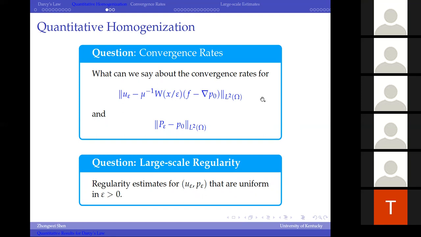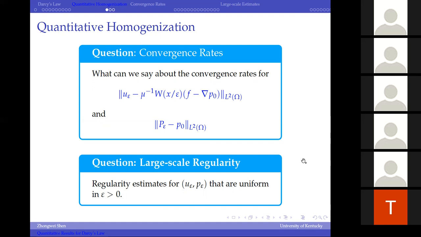So for instance, we do know the difference of u epsilon and its leading term in the asymptotic expansion converges to 0 in L2 strongly. And we also know that the extension of the pressure converges to a function in L2. And so the question we want to ask is: what is the convergence rate? Better, what is the sharp convergence rate one can prove as epsilon goes to 0?